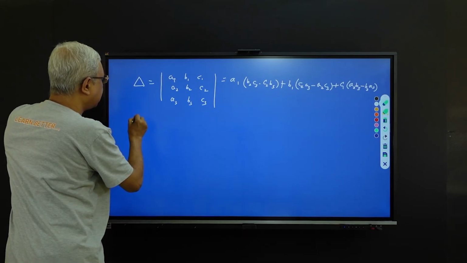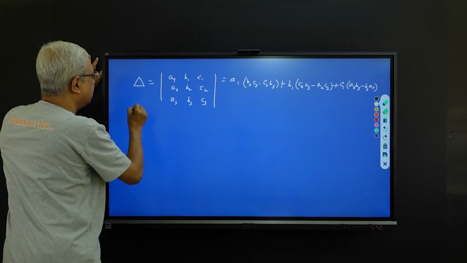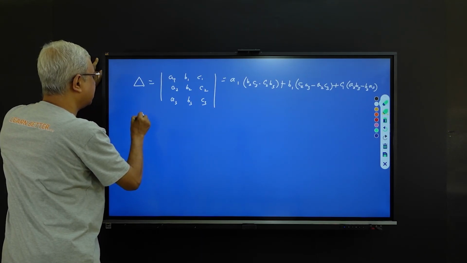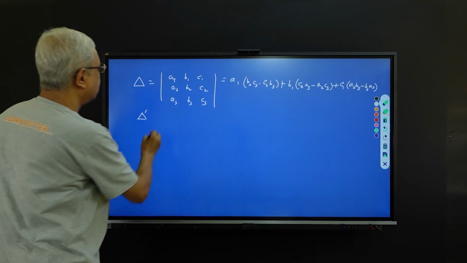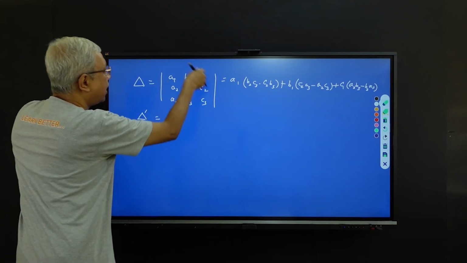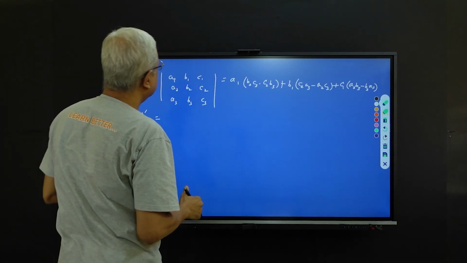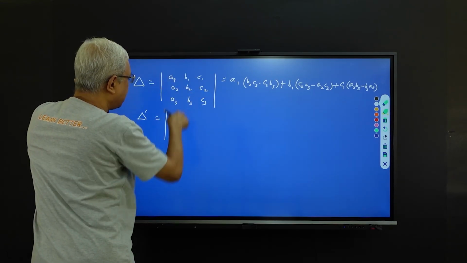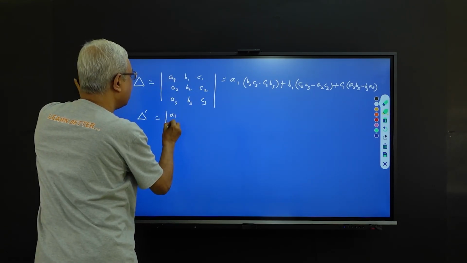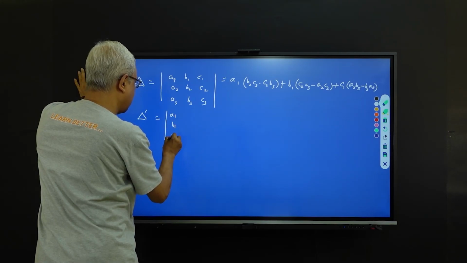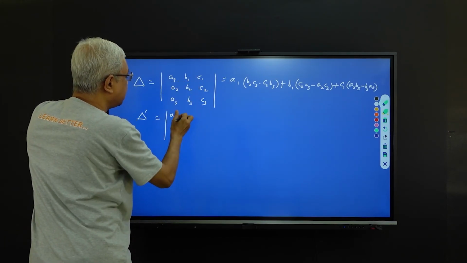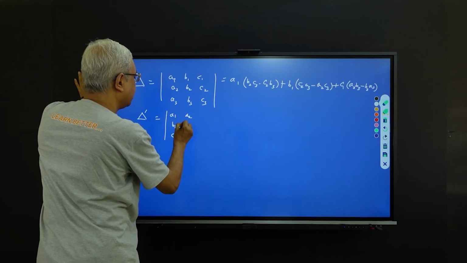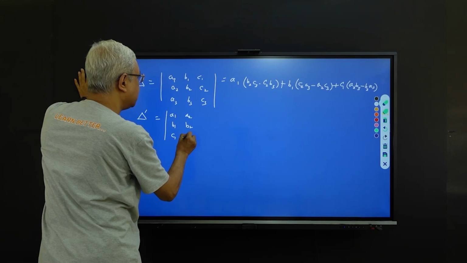And let us consider another determinant, delta dashed, which is actually the transpose of this determinant. That means the first row has become the first column, A1, B1, C1. The second row has become the second column, A2, B2, C2.